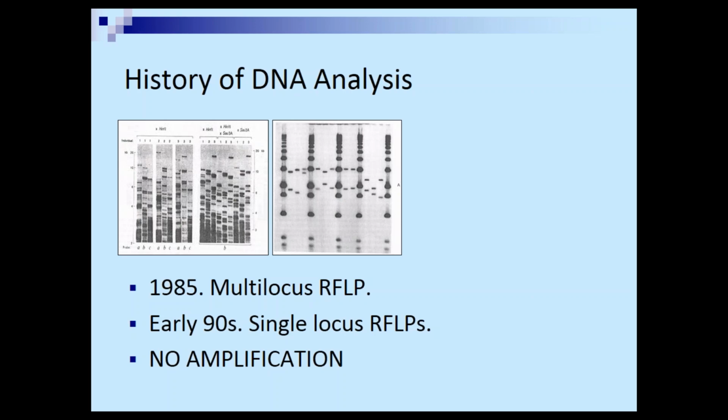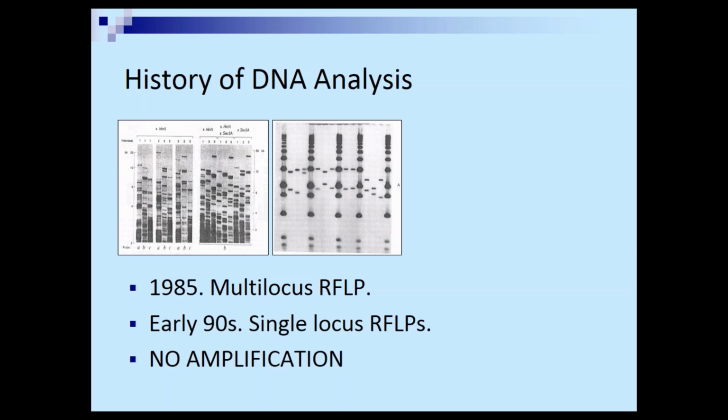Well, to put the current methods in the proper perspective, I do want to go back and look at a little bit of the history of DNA analysis. Now, oftentimes this is very boring, especially because the two methods on this slide are not done anymore.